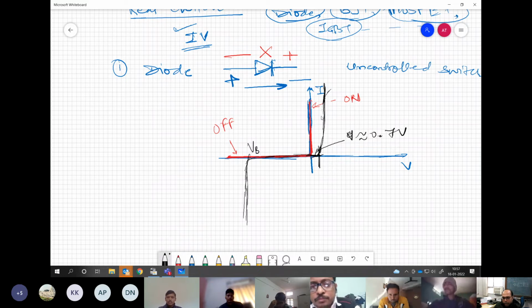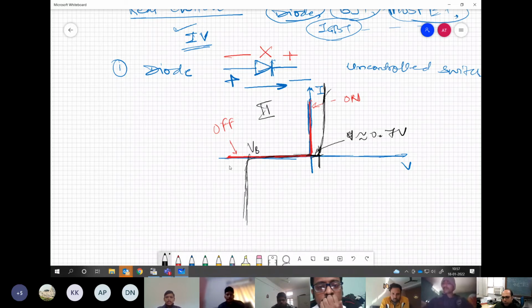So this is the ideal characteristic, what is drawn in red, and the black one shows the real or practical characteristic that we see. Now, when it is conducting, when it is in on state, it is operating in which quadrant? In the second quadrant. The current is positive, whereas voltage is negative. Understanding my point?